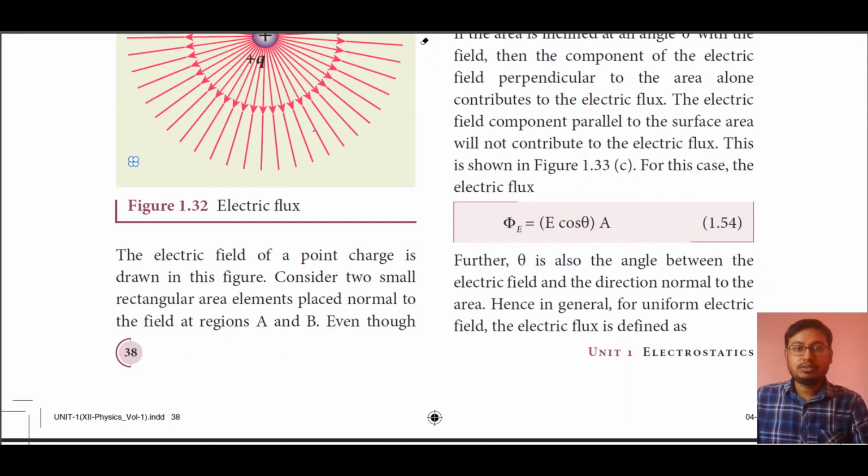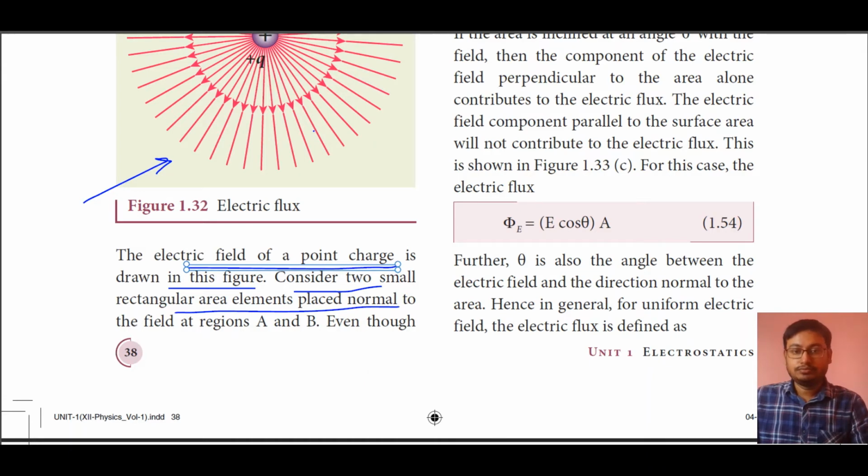Now coming to the concept of the textbook, the electric field of a point charge is drawn in this figure. Consider a small rectangular area element placed normal to the field at region A and region B. As we have seen above, we have two regions of unit area, A and B. They are separated by some distance or gap, and their areas are the same.